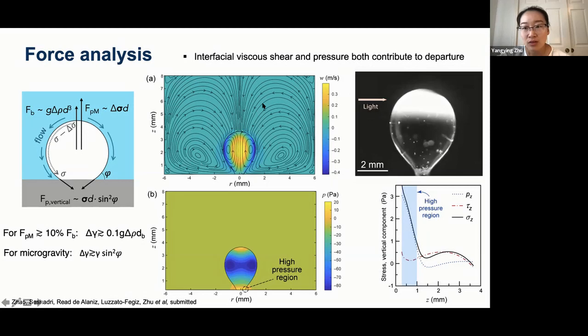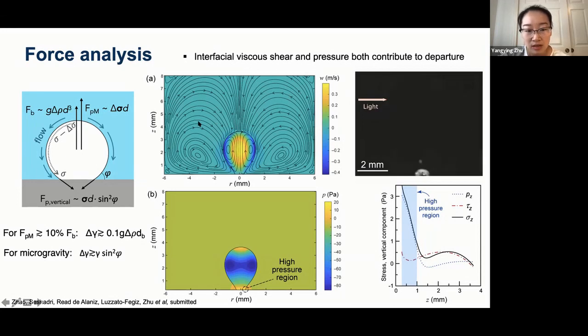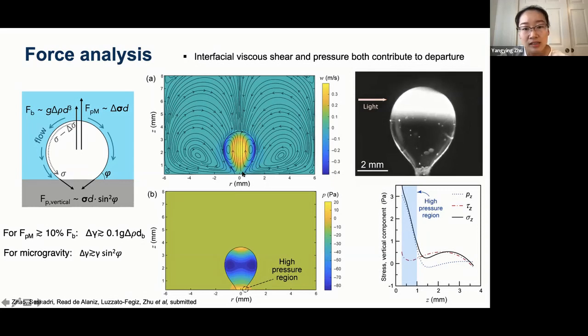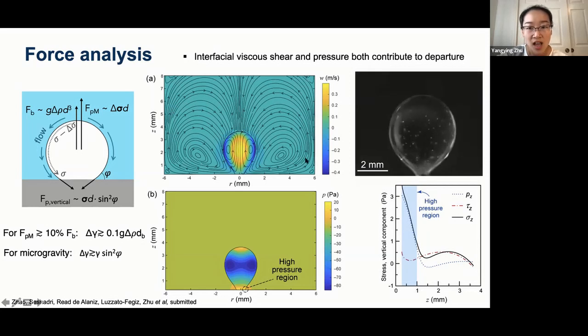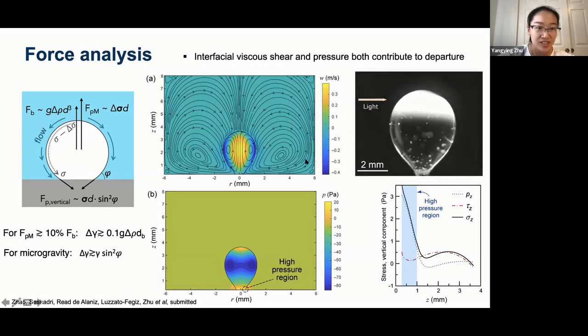So what really happens for the departure of these toluene bubbles in water is that we also performed detailed finite element simulations. On the top left, this is a toluene droplet in water with low surface tension, low concentration of the surfactant.